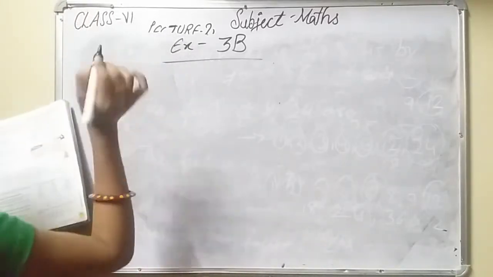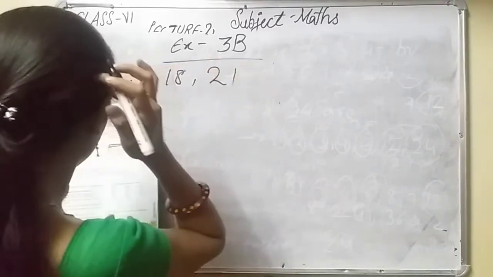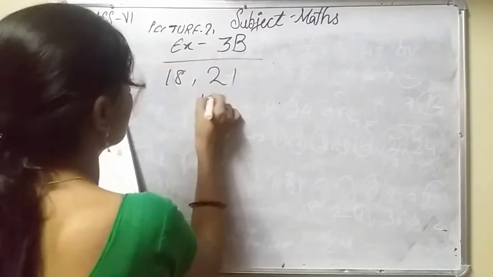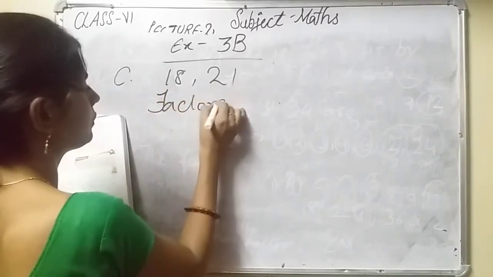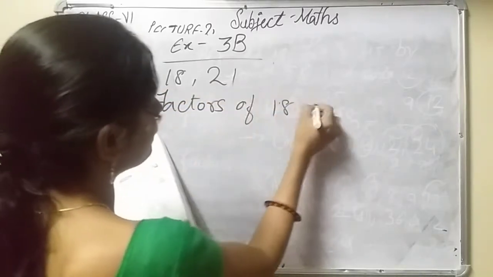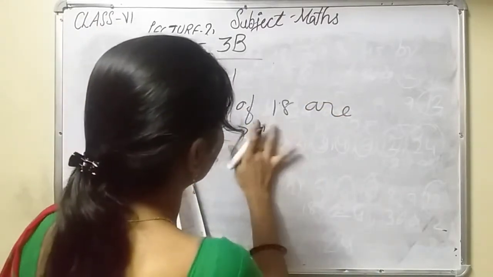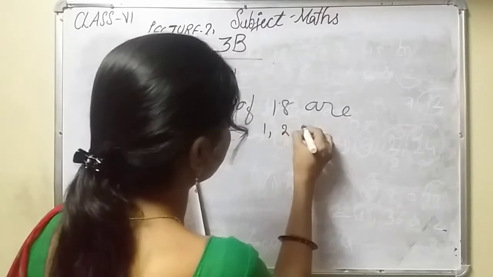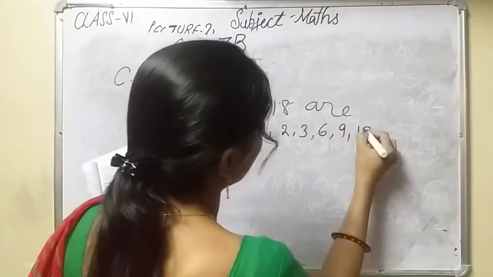See question number B, you solve by yourself. See, 18 and 21. Which are the factors of 18? 1, 2, 3, 6, 9 and 18.